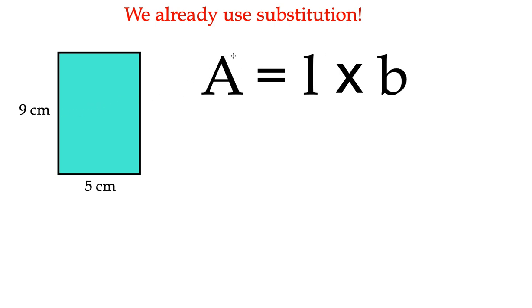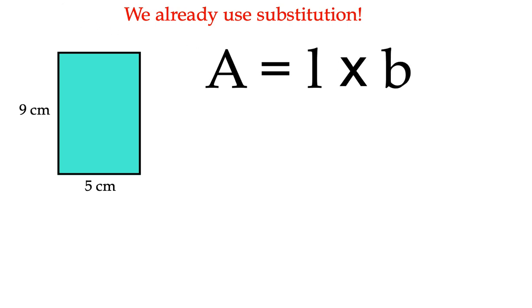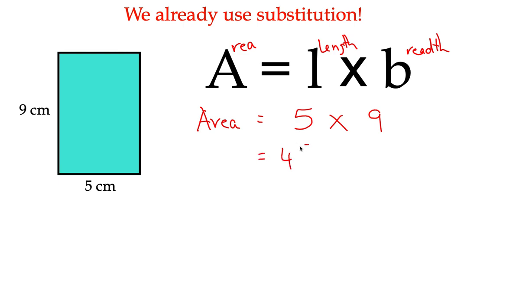So here, if that's A for area, and L is length, and B is breadth, then if we want to work out the area of this rectangle, we can swap in L, the length is say 5 here, so we could put 5 in, the breadth is 9, and the X sign, the multiplication sign, reminds us what to do with those two numbers. 5 multiplied by 9 is 45, and we can say the area there is 45 square centimetres.